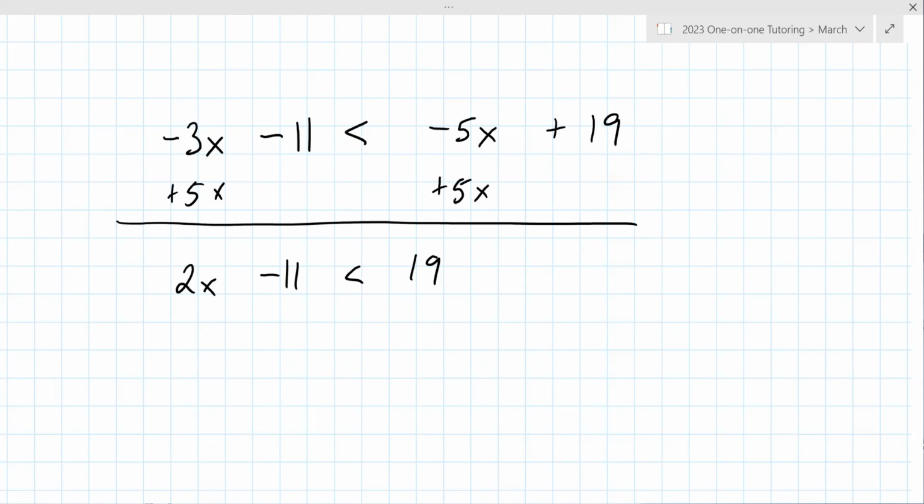X is less than 15. X is less than 15. Good. Okay, any questions on that before we move on to something else? No. All right.